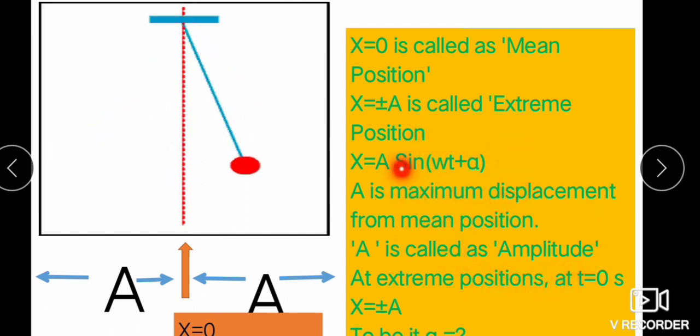Since sine and cosine functions have values 0 and plus minus 1, if we multiply A by 0, plus minus 1 and other values, we can write the displacement as x equal to A sin(omega t plus alpha). In the next discussion, we will define what alpha is and study the concept of linear SHM.